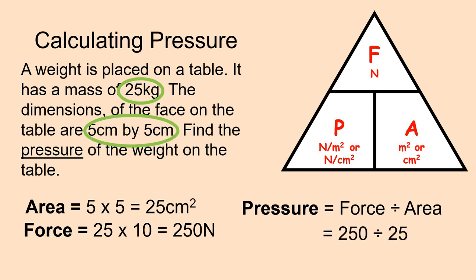So we're going to do 250 newtons divided by 25 centimetres squared. And that gets us 10. But what units will it be this time? Is it going to be newtons per metre squared or newtons per centimetre squared? This time it's newtons per centimetre squared because we measured our area in centimetres squared.